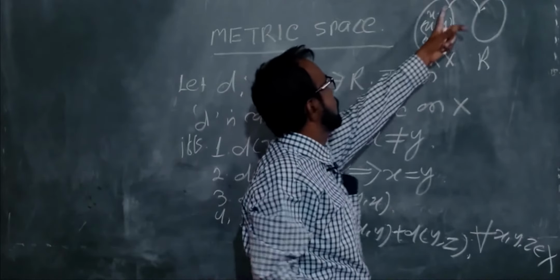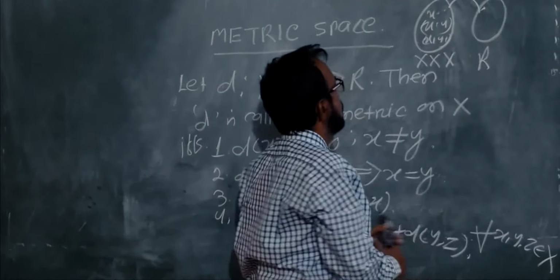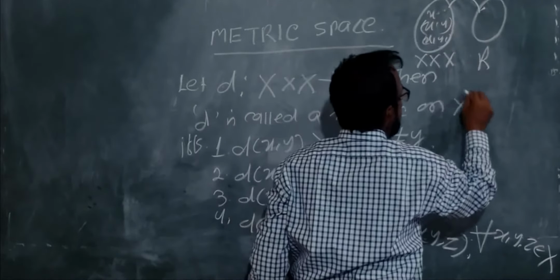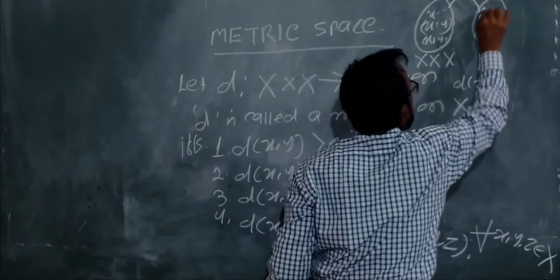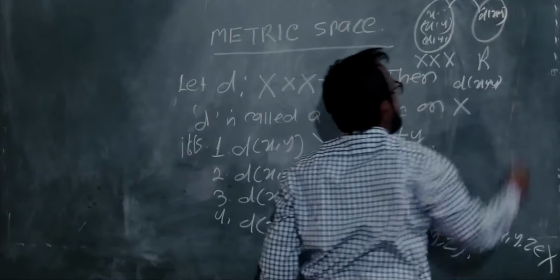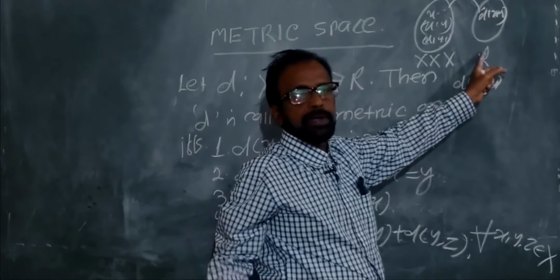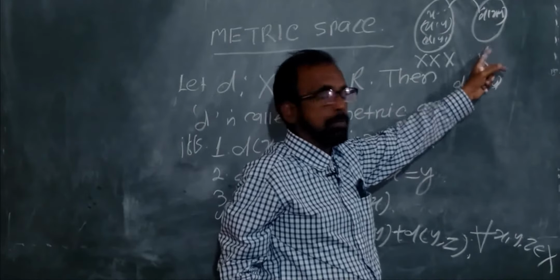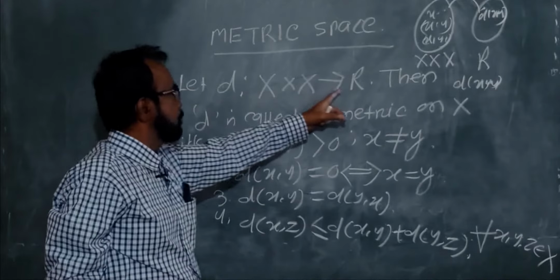Since this is a function, every element must have an image point, so (x,y) maps to d(x,y), which is a real number that may be positive, may be negative, may also be 0.